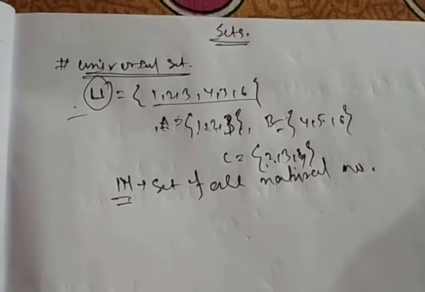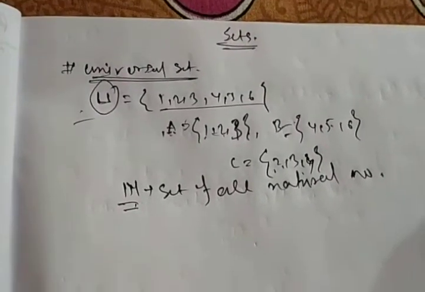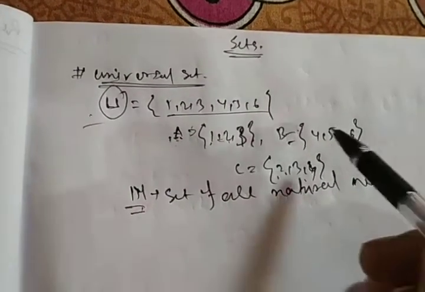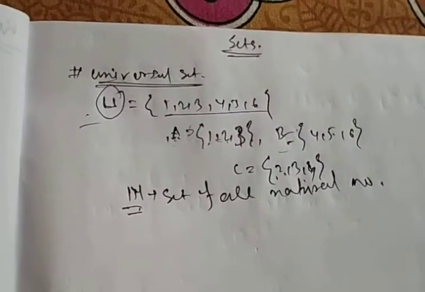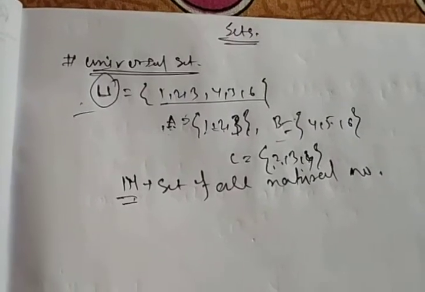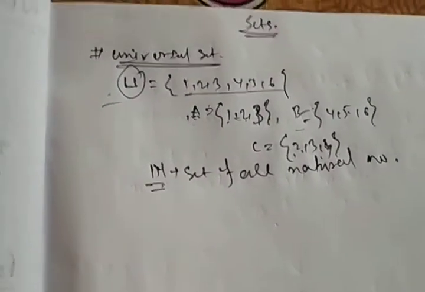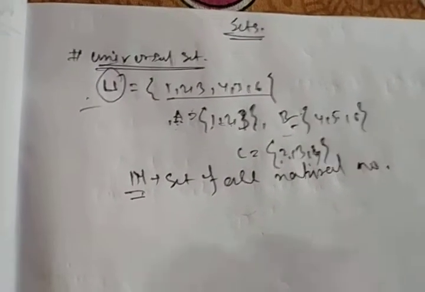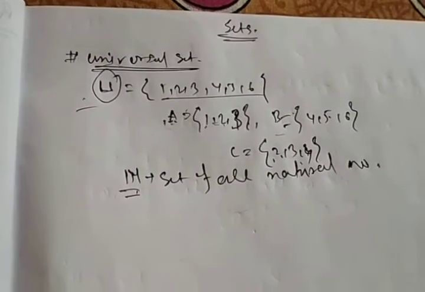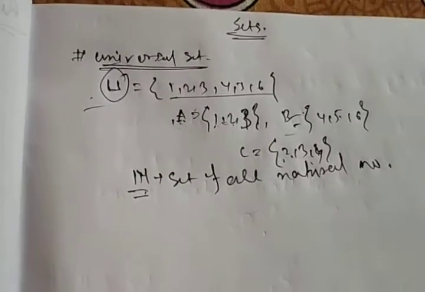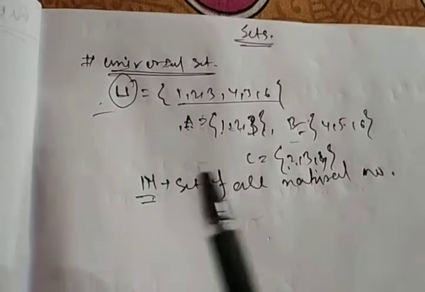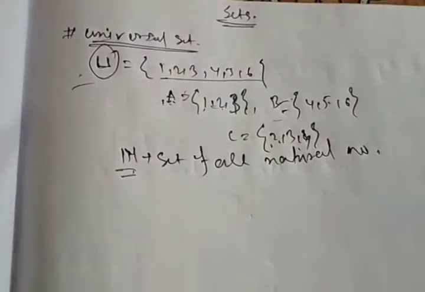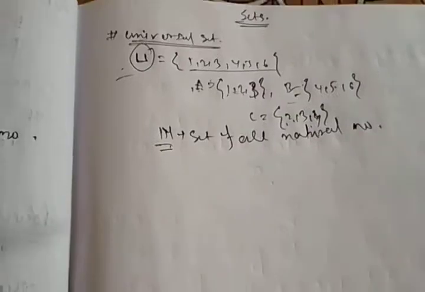If no universal set is given, we can take the smallest set from which all the elements come. If a universal set is given, we don't have to take any other set, and all calculations are based on the given universal set. From question to question the universal set will vary, but for the same question the universal set will be fixed.